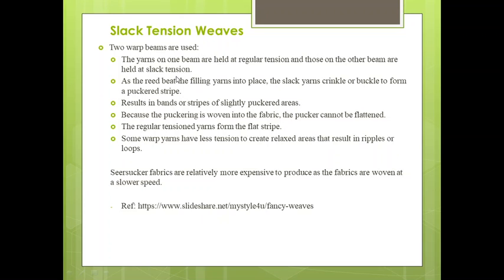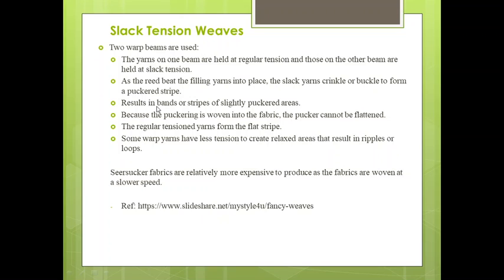After shed formation, the filling, meaning the weft yarn, is inserted and the reed beats the last inserted weft into place. The slack yarn on the other beam crinkles or buckles to form a puckered stripe.